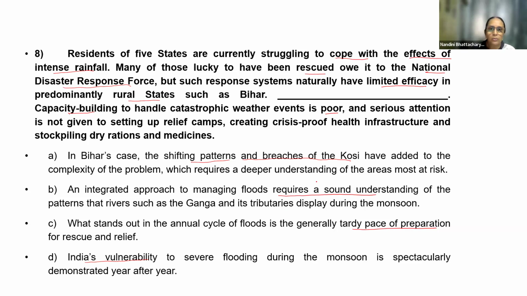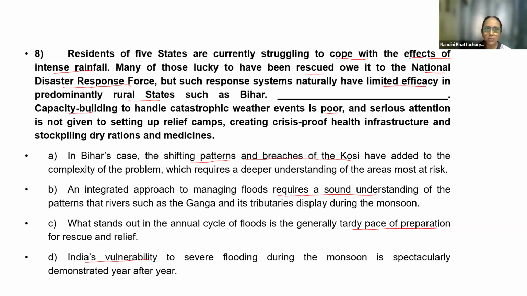Okay. So first, let's analyze the passage. Shyam, could you figure out what it is about? Ma'am, it is telling about when a disaster or flood is coming in the country, how the country reacts during a flood.